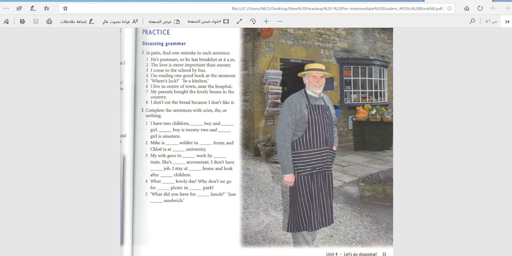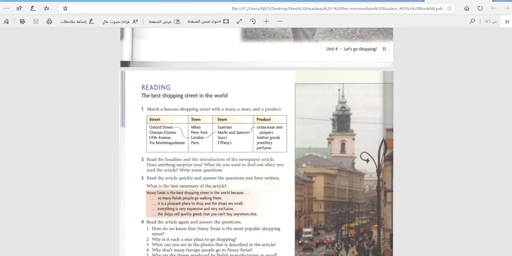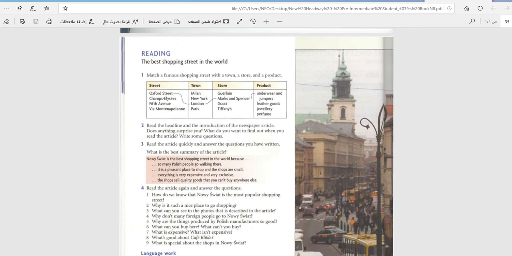What a lovely day. Why don't we go for a picnic in the park? What did you have for lunch? Just a sandwich. Okay. Reading: the best shopping street in the world. Match the famous shopping street with a town, a store and a product.